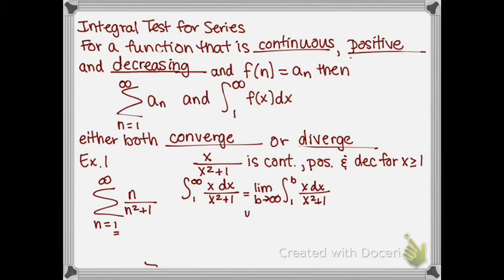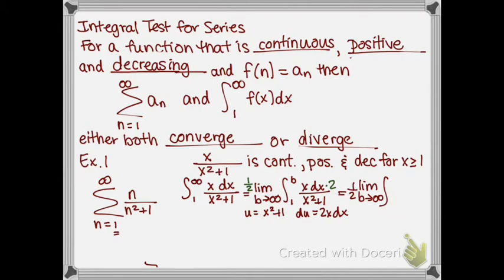Okay, now doing our u substitution, u is the denominator, so du is 2x dx. In order to proceed, let's multiply inside by a 2, and in the front by a 1/2. Okay, substituting, we get 1/2 the limit as b goes to infinity.